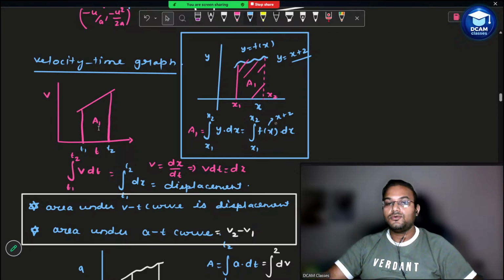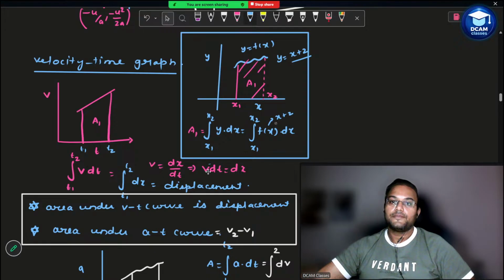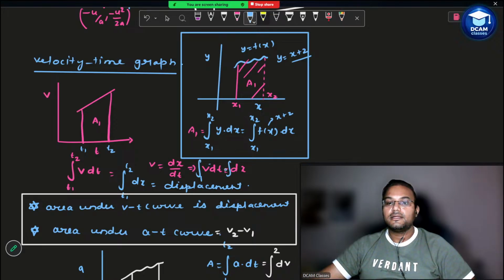But what we know, v is equal to dx by dt. So when we are integrating v dt under the limits here, what you will be getting is displacement.